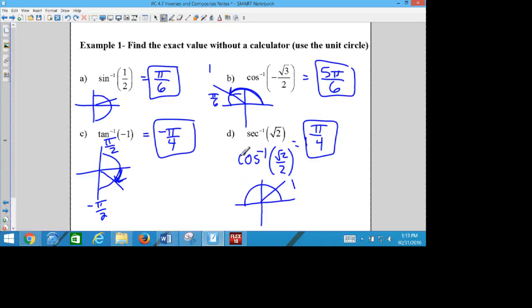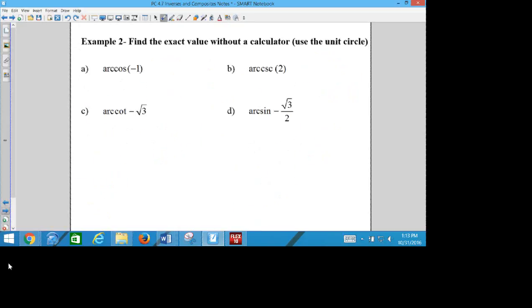The next section says arc. The directions are not different in this section, though. It just looks different. All right, so arc cosine -1 means the same thing as inverse cosine -1.